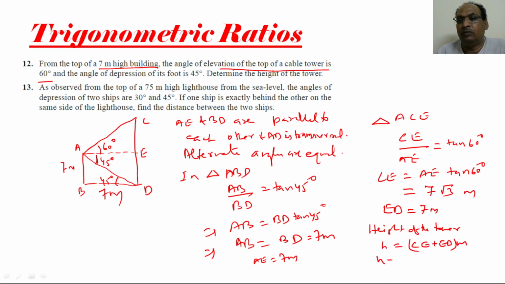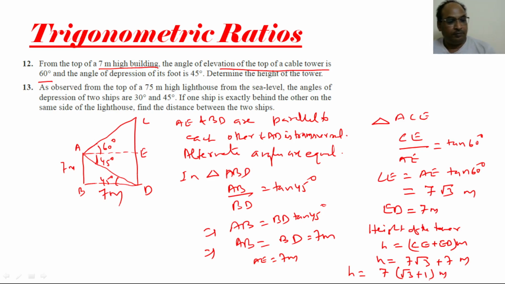So H is equal to CE is 7 root 3 plus 7 meter, and this H is equal to 7 into root 3 plus 1 meter. Okay. If we want, we can also write like this, or if we want, we can even calculate also.